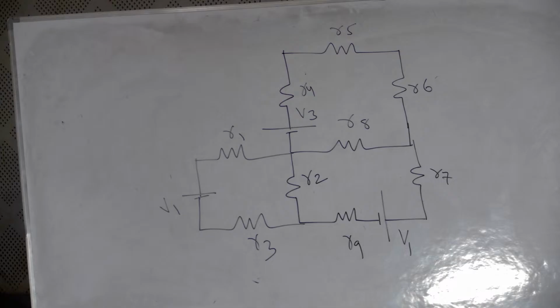In brackets, V1, V2, V3, R1 to R9. Close the bracket. I'm giving 30 seconds to complete the diagram.